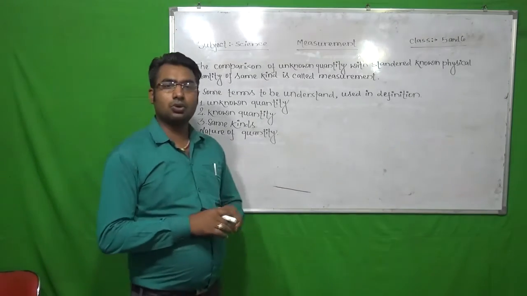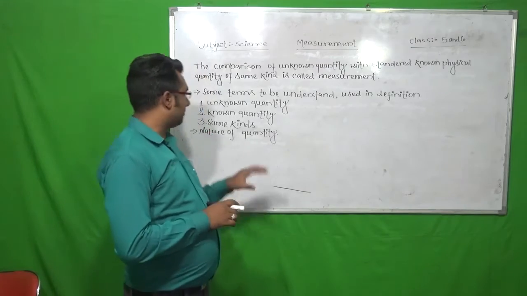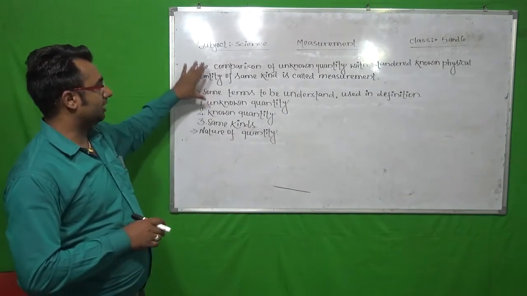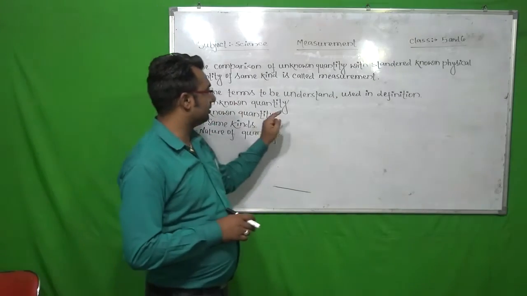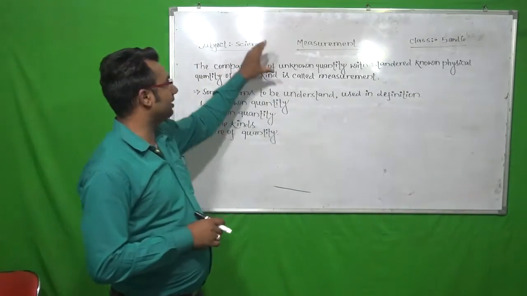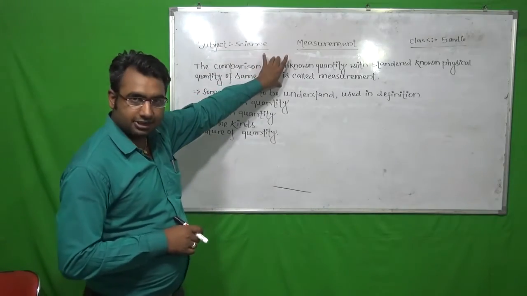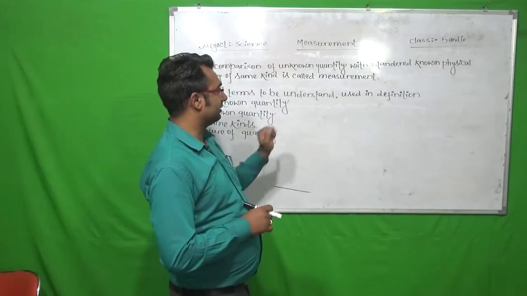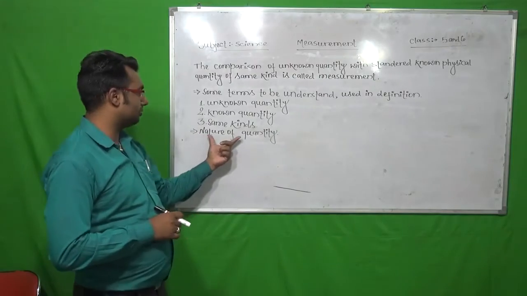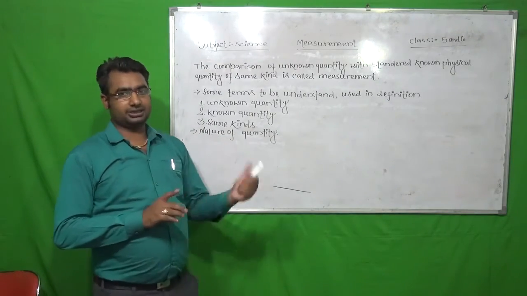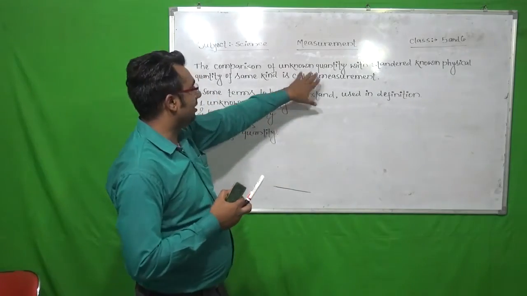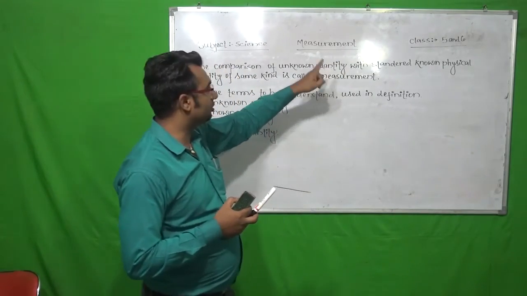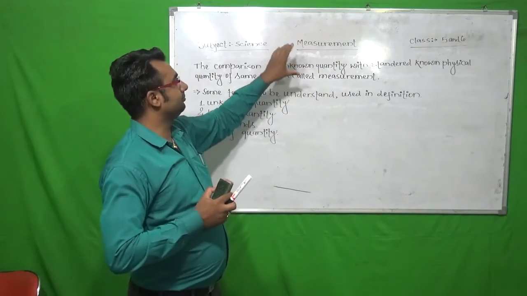Nature of quantity. After understanding the definition of measurement, and then some terms which are used in the definition of measurement, we should also understand the nature of quantity. As you can see, the term quantity is also used in the definition of measurement.